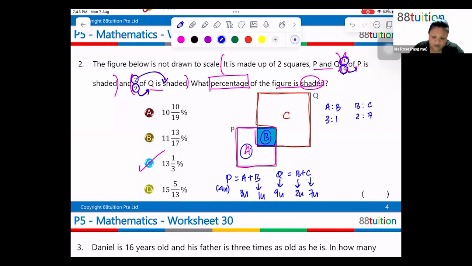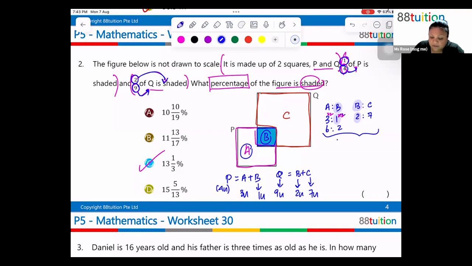Now, because B is common here, I need to make sure that this B must be the same, isn't it? So using the first common multiple of 1 and 2, the common multiple is 2. So I multiply the left-hand side, A is to B, by 2 to give me 6 is to 2.